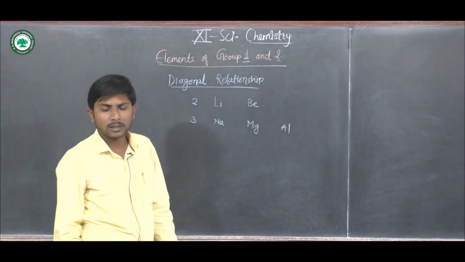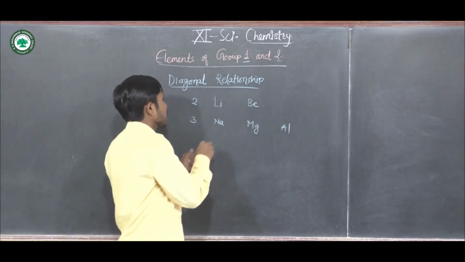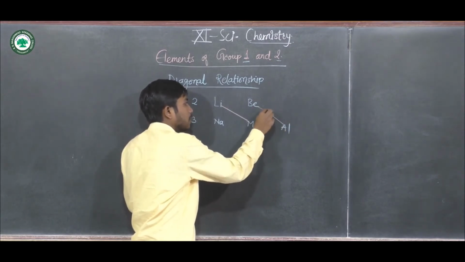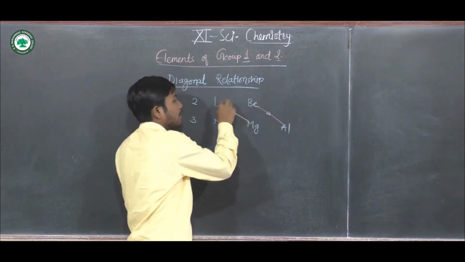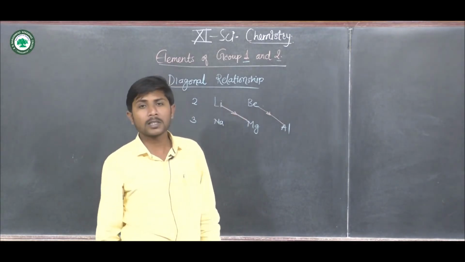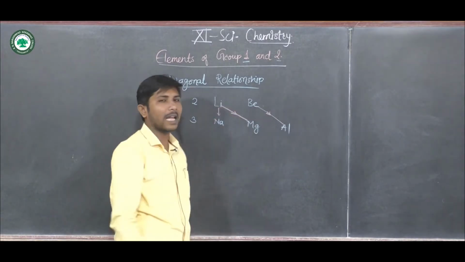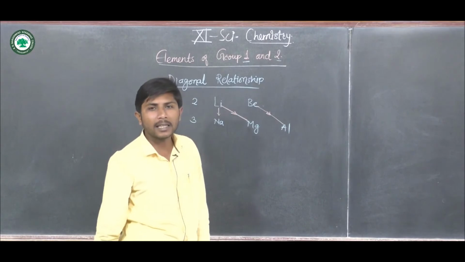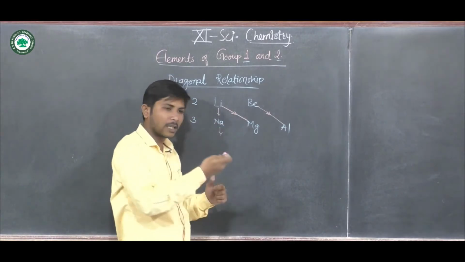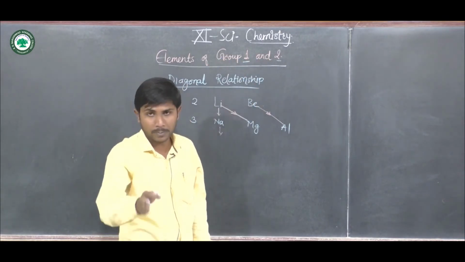What is the diagonal relationship? Look here, lithium and magnesium, beryllium and aluminium, these elements are present on a diagonal. Generally, we can accept that lithium has to show similarity in properties to sodium, potassium, cesium, the next elements belonging to the same group.